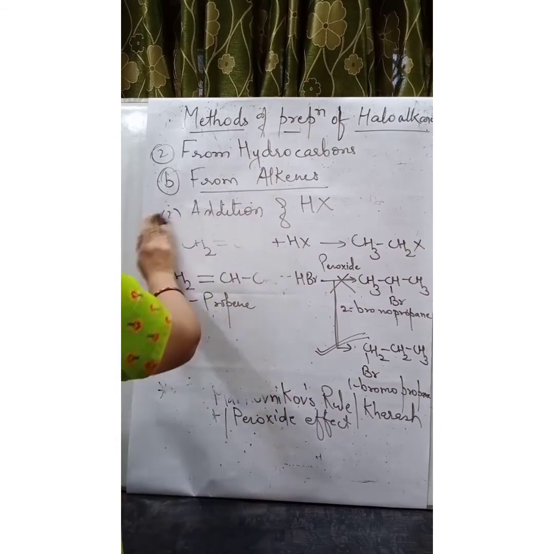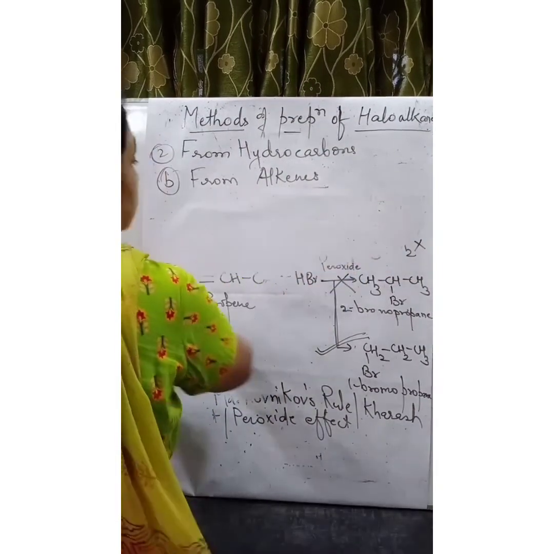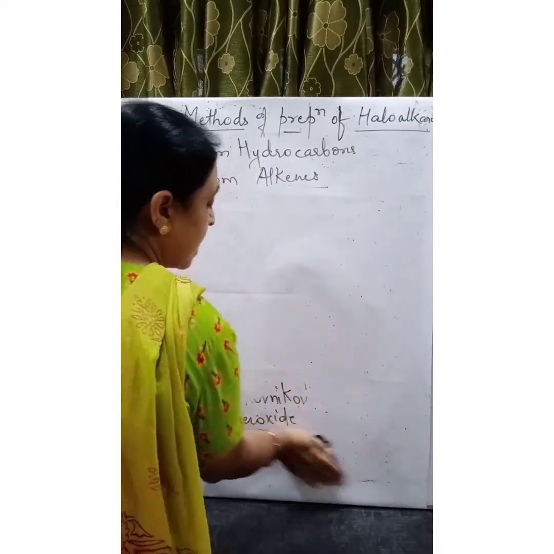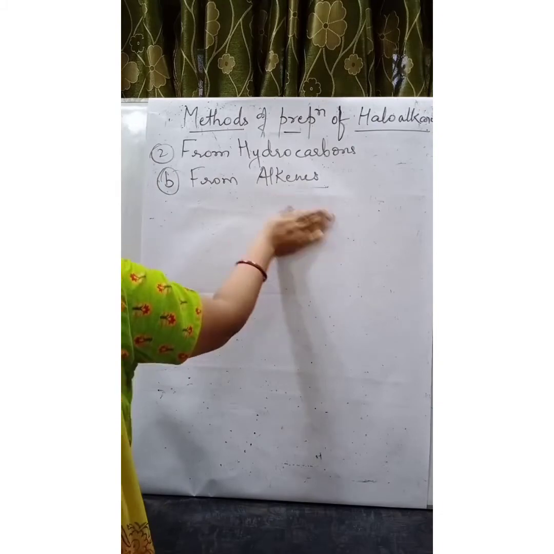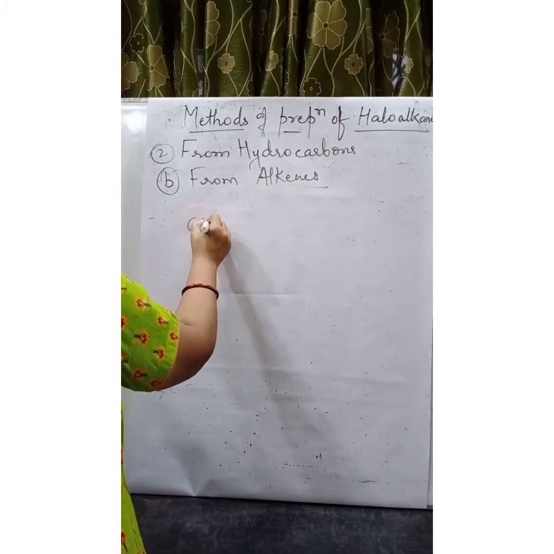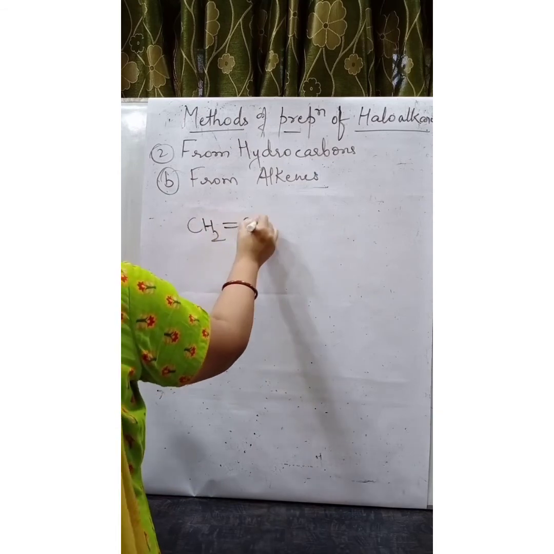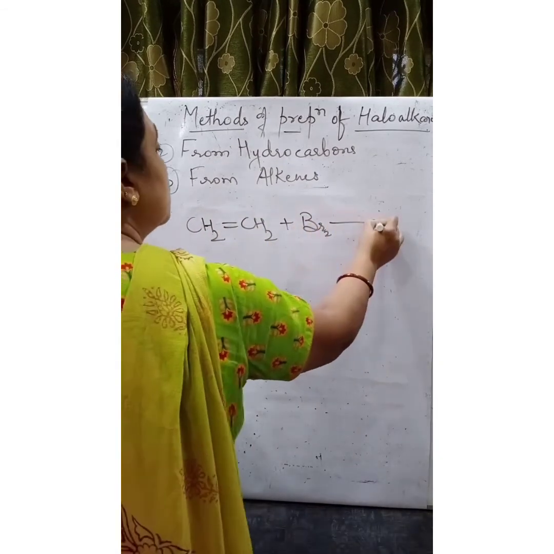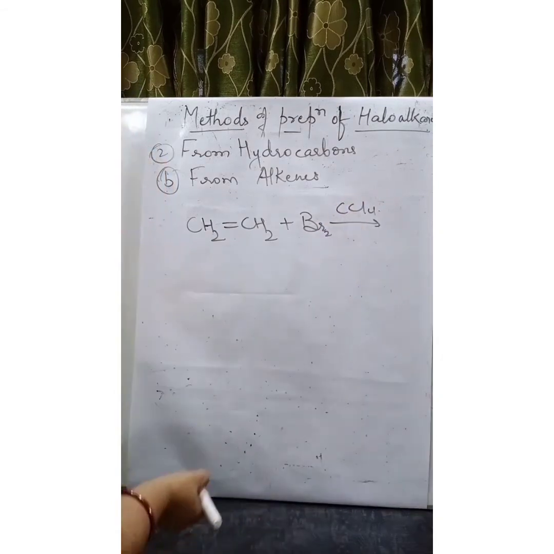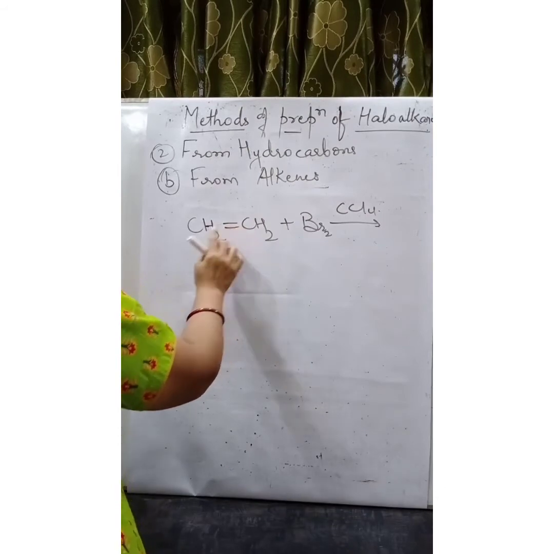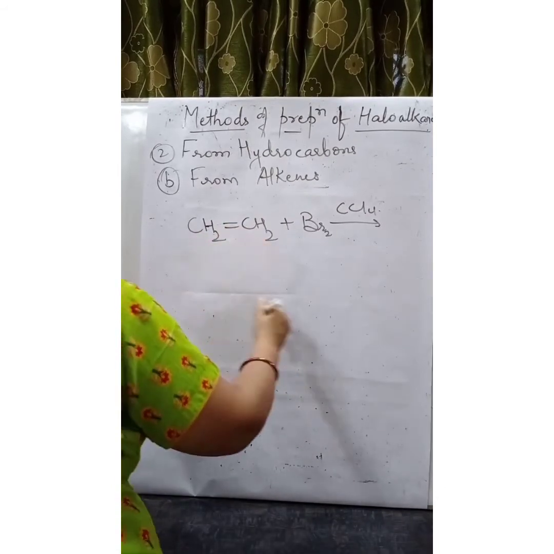Let us see the next type of reaction from alkene only. You take an alkene, add Br2 in presence of carbon tetrachloride. The Br2 bond will break and one bromine will be added to each of the two carbons.